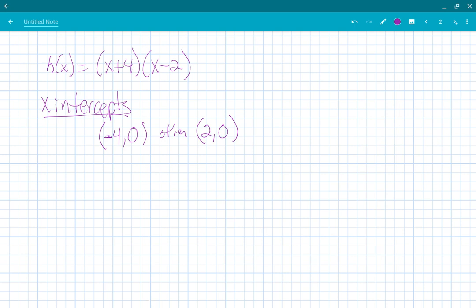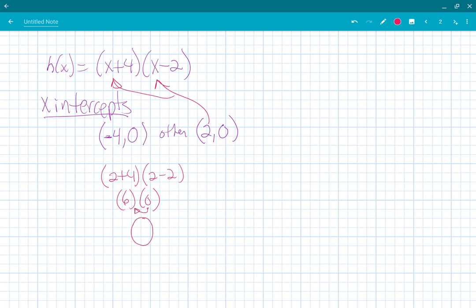By the way, why does it give you a 0 as an answer? Well, let's plug it in. 2 plus 4 times 2 minus 2. I plugged in 2 to both x's, right? So what's 2 plus 4? 6. What's 2 minus 2? 0. What does this 0 do to that 6?